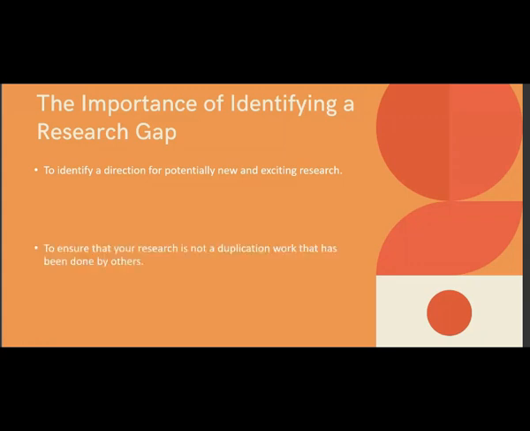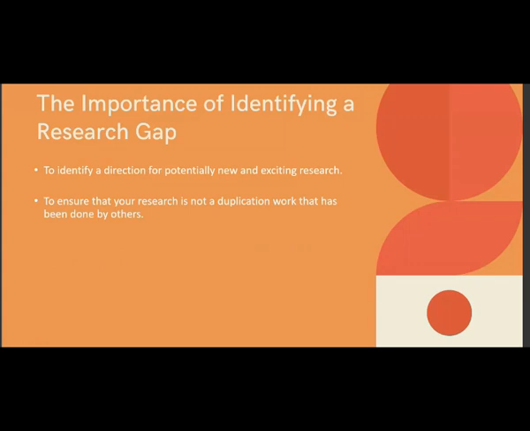The second one is to ensure that your research is not a duplication of work that has been done by others. This is a serious matter because in a PhD journey, around the world, not only USM, not only Asia, or in fact if you want to publish a paper, plagiarism is a very serious issue.